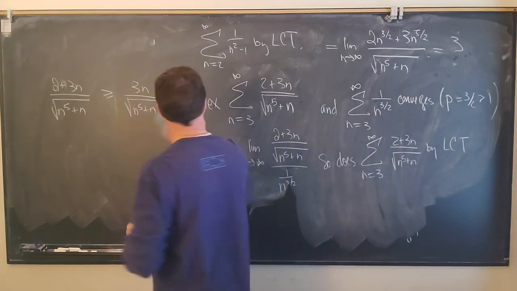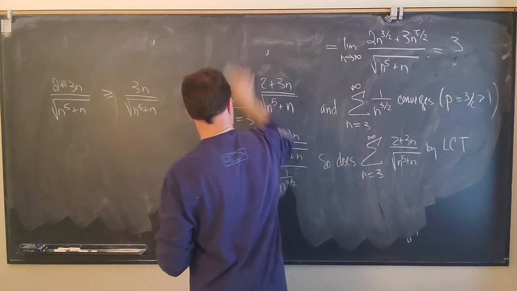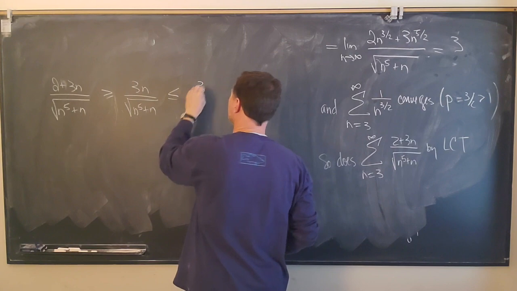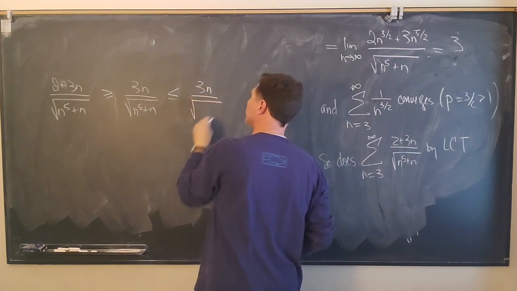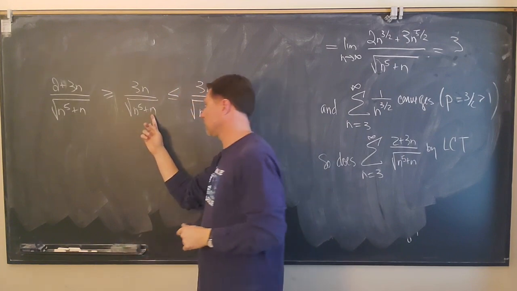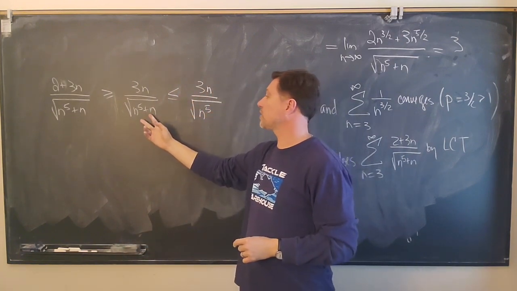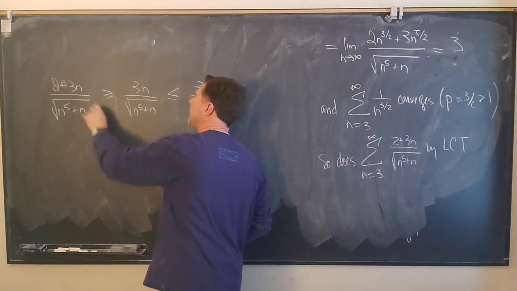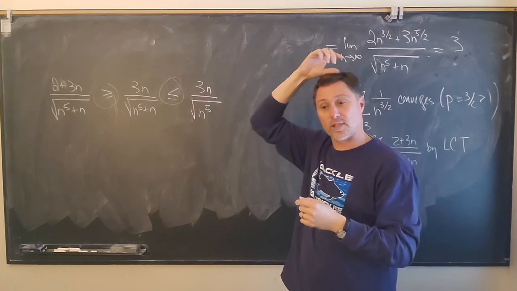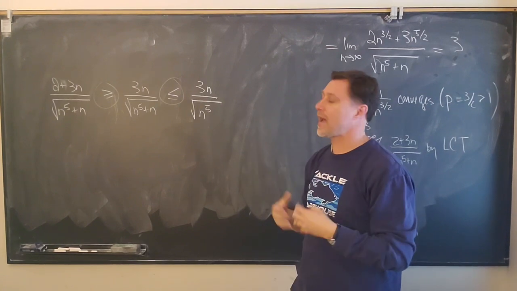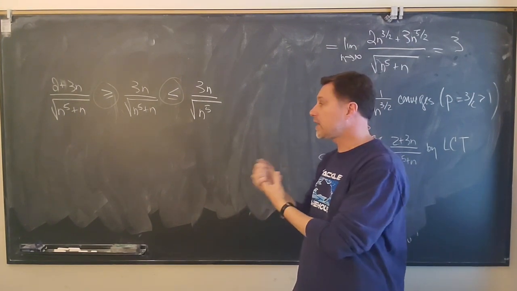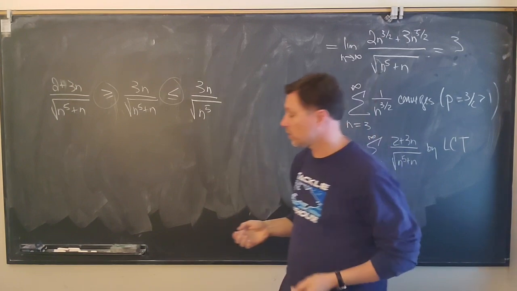But now, when you make the denominator larger, you make the fraction smaller. So notice now we've got inequalities going in two different directions. We can't get our inequalities to match, right? That's why I opted to use the limit comparison test. When you can't get your inequalities to work out, that's when you go to the limit comparison test.